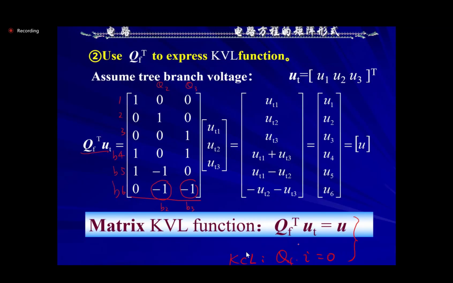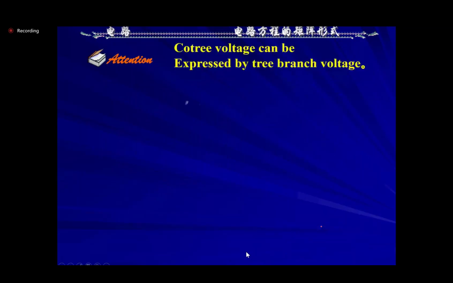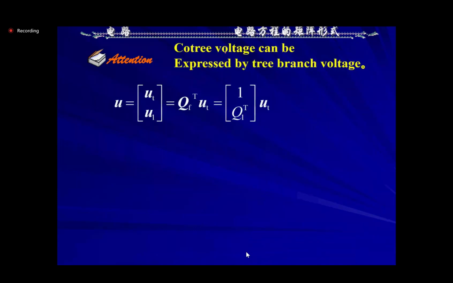And from these two functions, we can get some other functions also. We can express the cotree voltage by the tree branch voltage, because the tree part of Q will be the uniform matrix.